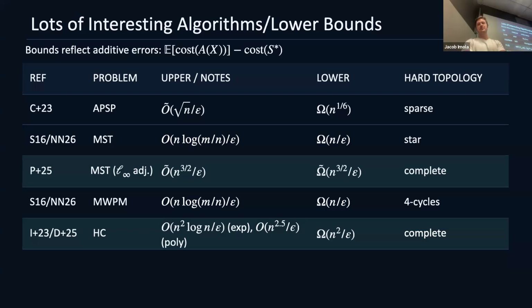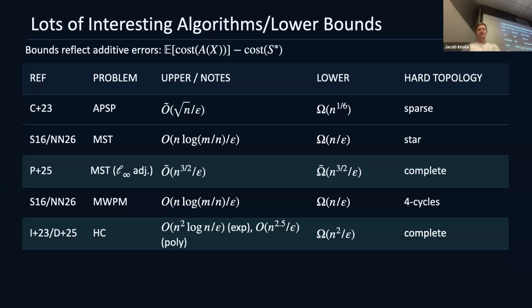I'm writing down this hard topology, the family of graphs they use to show their lower bounds, which I'm going to elaborate on later. You can come up with a sparse family of hard graphs where random weight vectors are going to have to incur some error, like n to the 1/6 error.